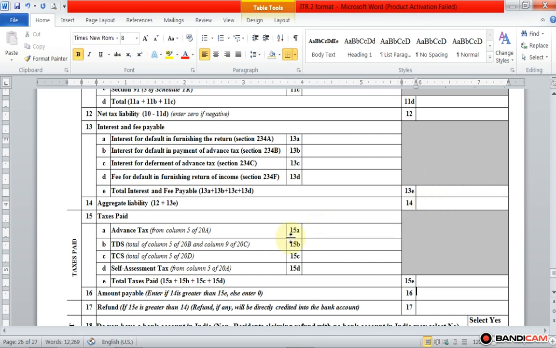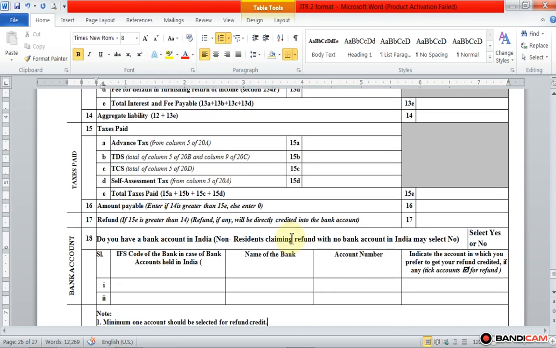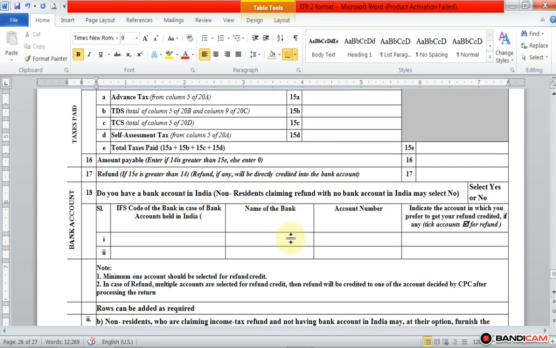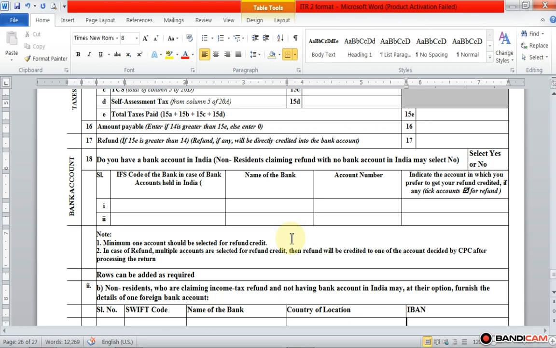Then next one is column number 18, that is bank account details. So here the assessee has to furnish bank details, that is serial number 1, the IFSC code of the bank in case of a bank account held in India.